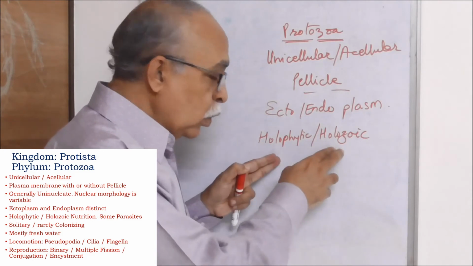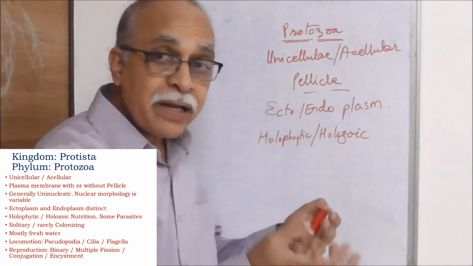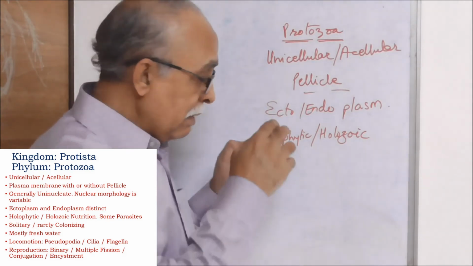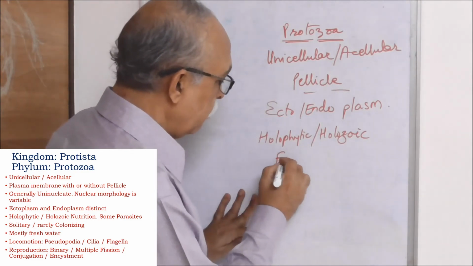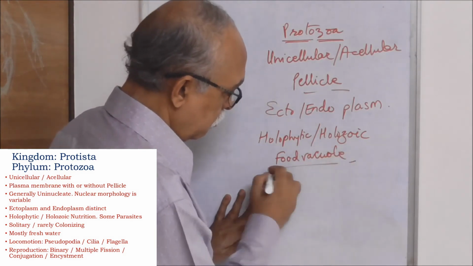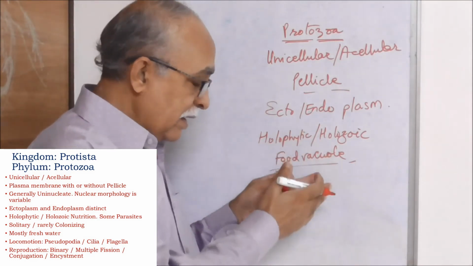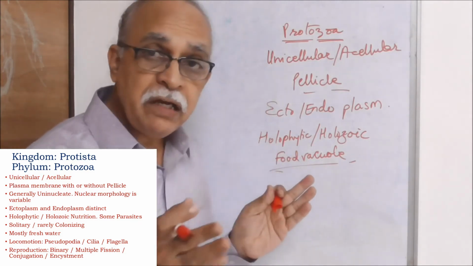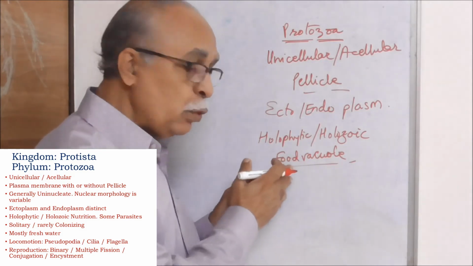So holophytic or holozoic, animal-like organism, smaller organism. Entire organism would be engulfed and would be digested inside the cell. That digestion inside the cell is by formation of a food vacuole, which will undergo a regular process of digestion. Digested substances will be absorbed in the cells, undigested matters will be egested from the cell. That is how the nutrition would happen.